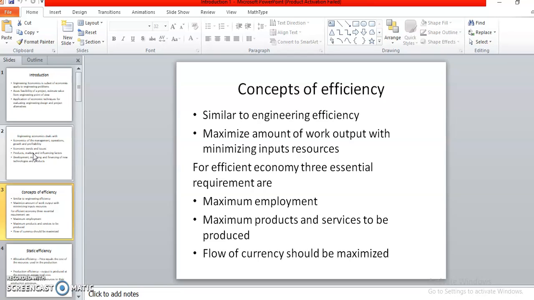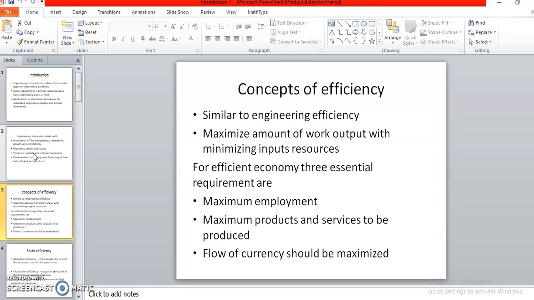So how we can get maximum output with minimum input, that we can say is efficiency. By minimizing internal resources in terms of manpower, material, fuel, or other resources, we can achieve maximum output in terms of products or services given by that particular firm.